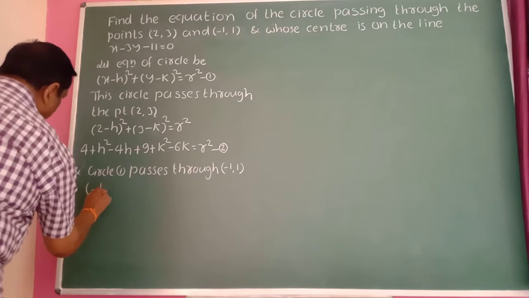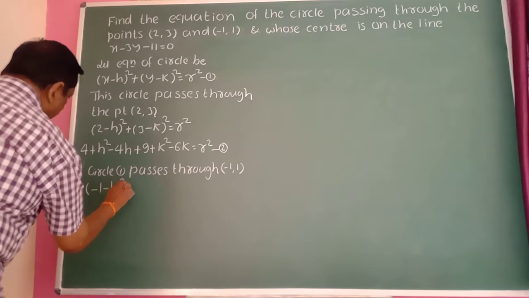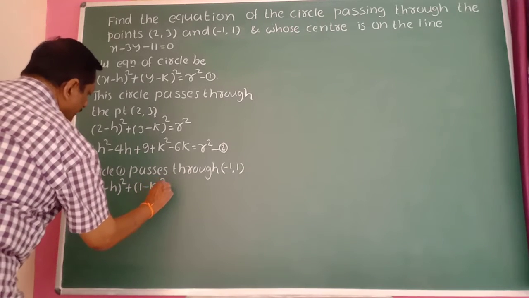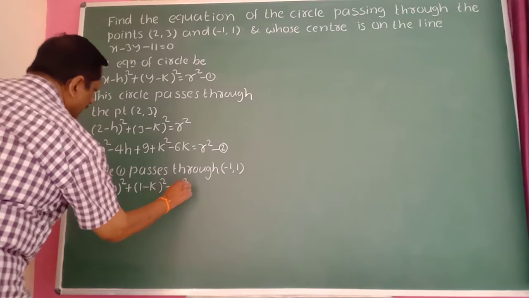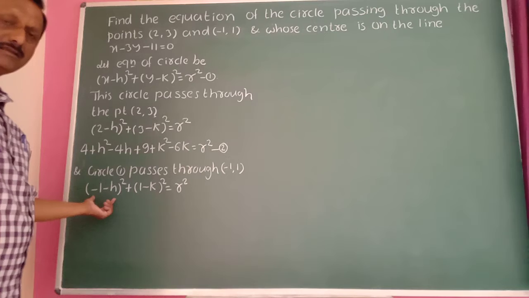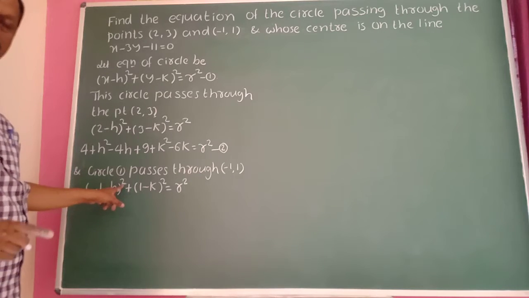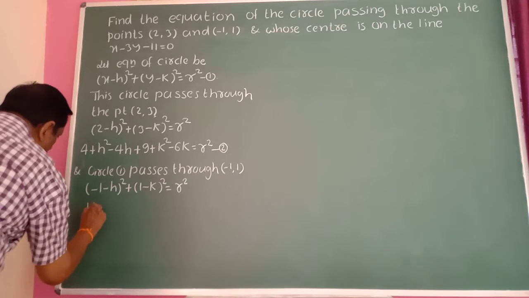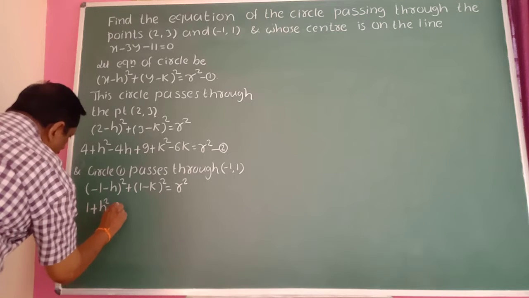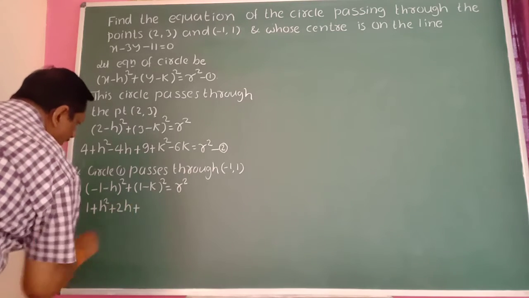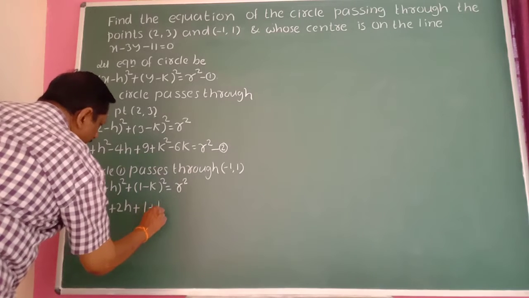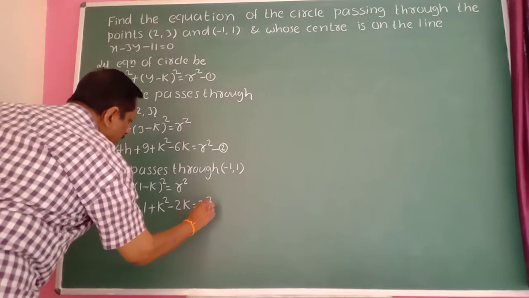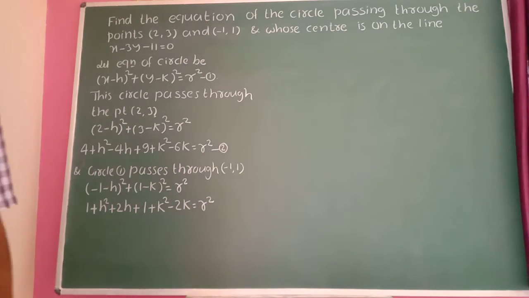Therefore minus 1 minus h whole square plus 1 minus k whole square is equal to r square. Taking minus common, and since square, minus becomes plus. 1 plus h whole square becomes 1 plus h square plus 2h, then plus 1 minus k whole square is 1 plus k square minus 2k is equal to r square. Take this as equation number 3.